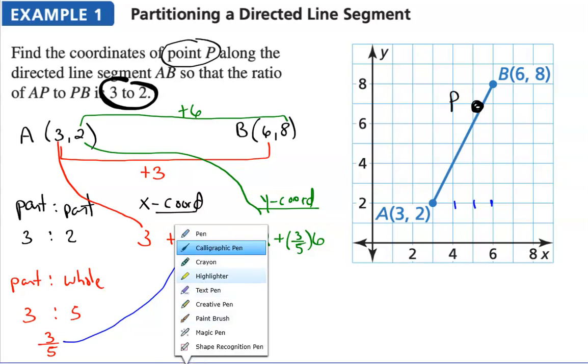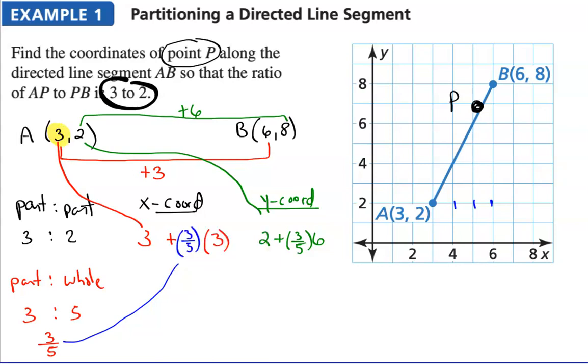So I'm starting with my x and y coordinates, my starting points. I'm going to think about my part-to-whole ratio, and that's going to come into play. Then I think about how much I need to get all the way to my x and all the way to my y.